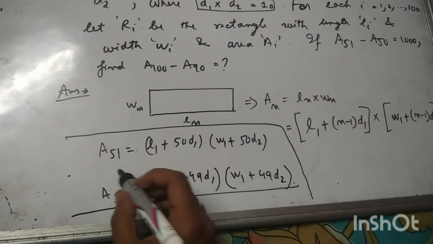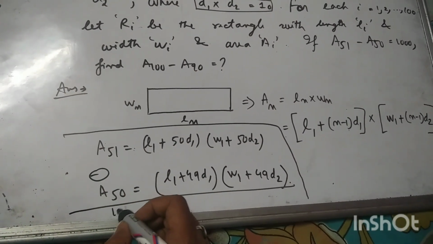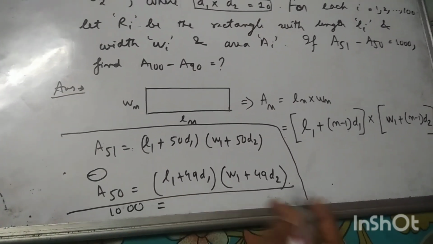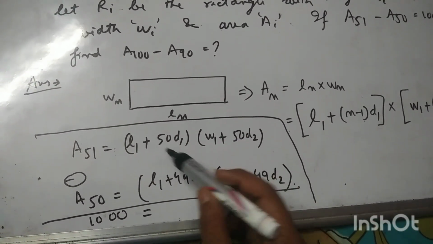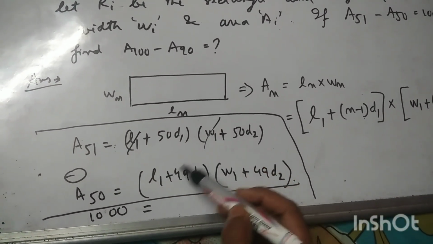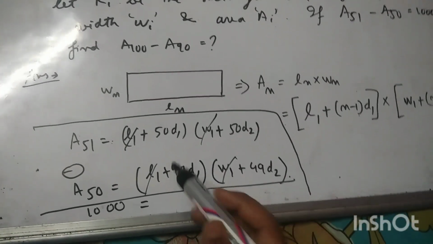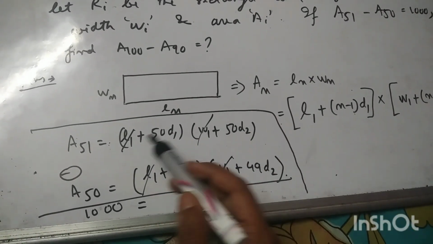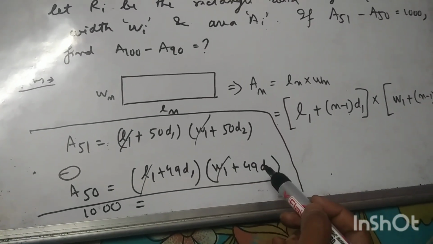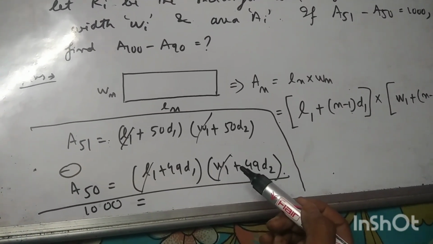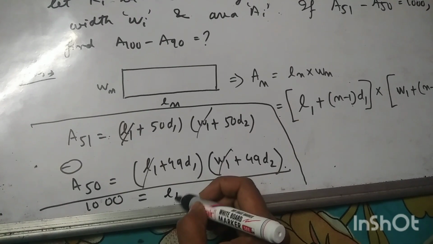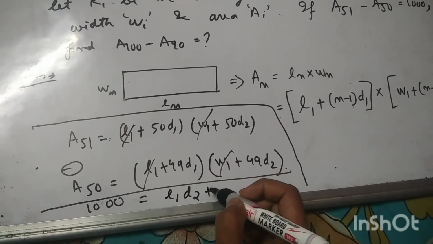Now just subtract them. This value is already given to us, right? If you observe, L1 W1, L1 W1 gets cancelled out. Next 50 L1 D2, and from here L1 49, so it becomes nothing but L1 D2, right?